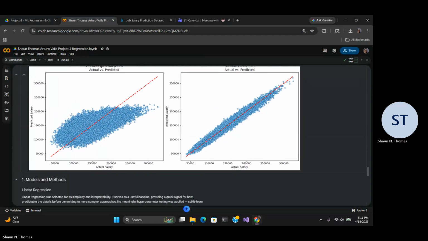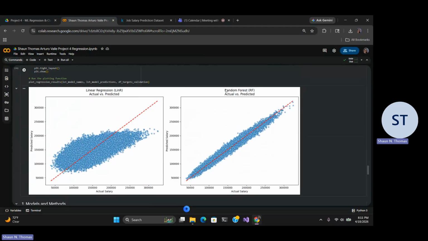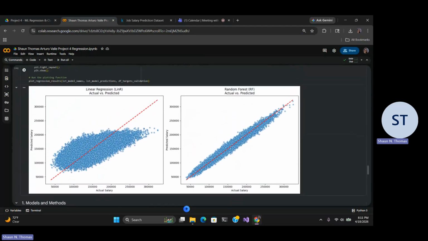But on the other hand, random forest, which is the other model that I used, performed much better. Random forest essentially is a very complicated decision tree. It looks at all the inputs and at different values that an input could be. For example, if salary is greater than or equal to 100,000, or if a job title is software engineer or AI machine learning engineer or whatever, it could possibly be greater than or equal to 100,000.